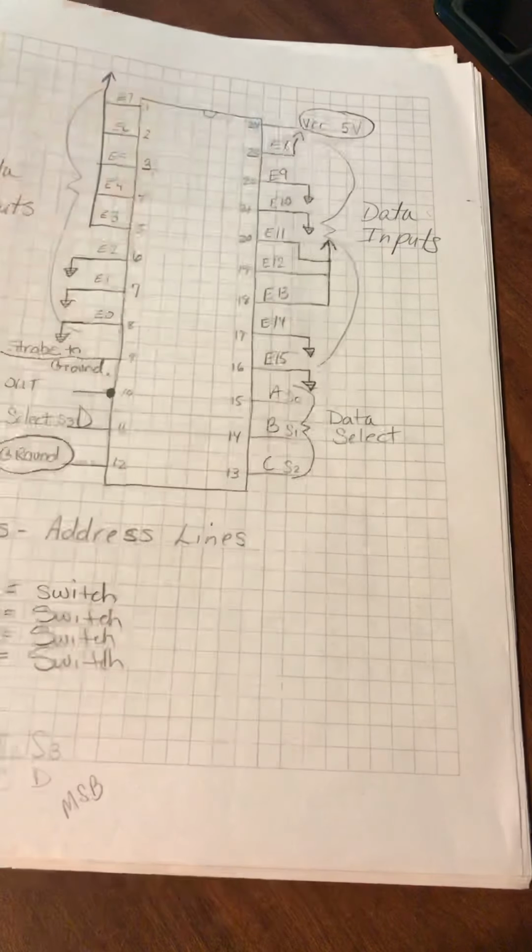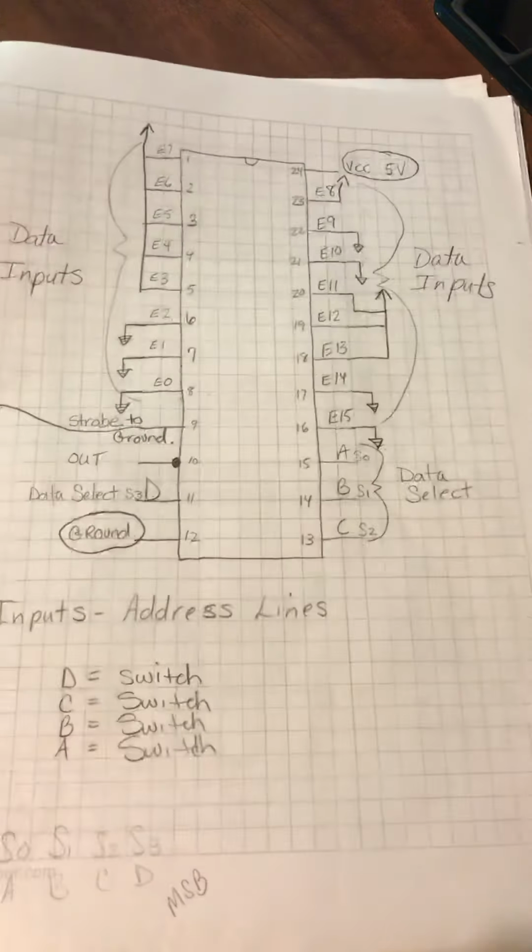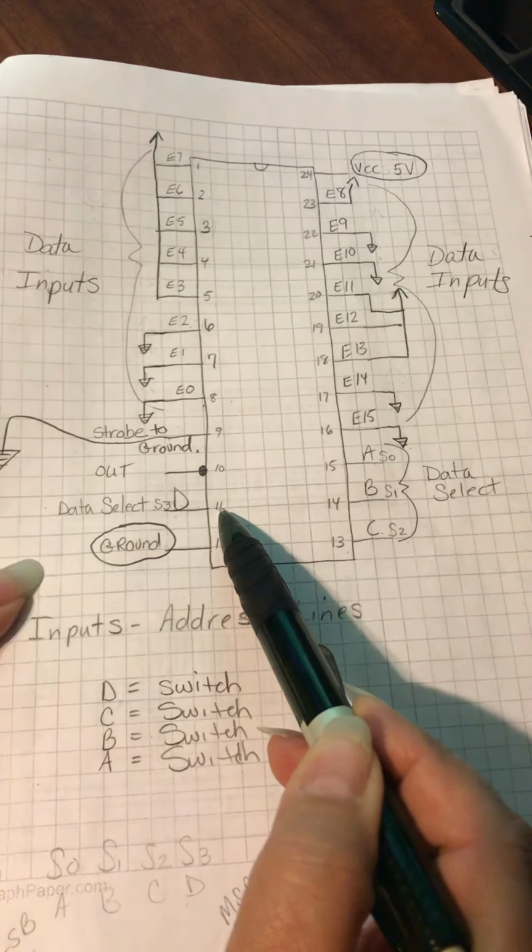Okay, I personally like this one better, and I actually added this into handouts. So this is pins 12 and then 13 to 24 going up. These are your data inputs, which is E0, 1, 2, 3, 4, 5, 7, all the way up to 15. Your data selects, S0, S1, S2, and S3 are pins 15, 14, 13, and 11.